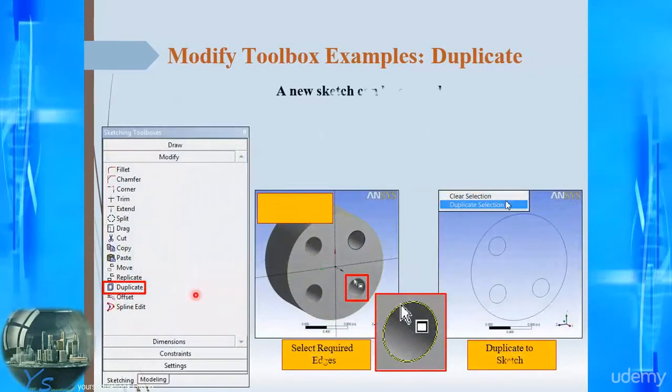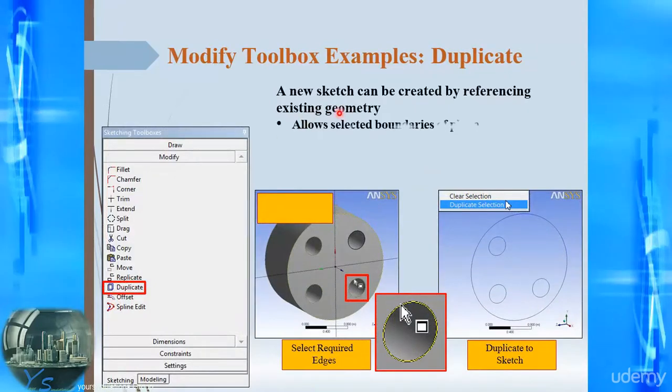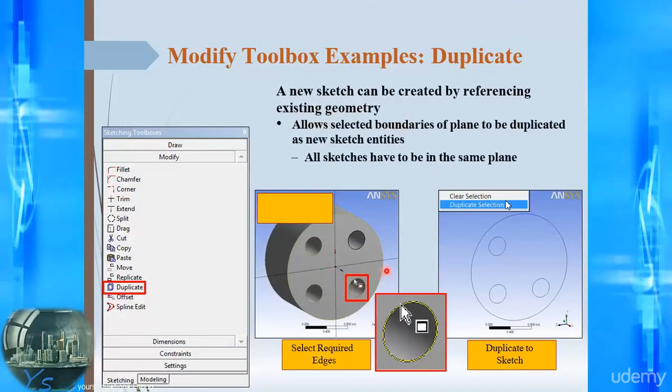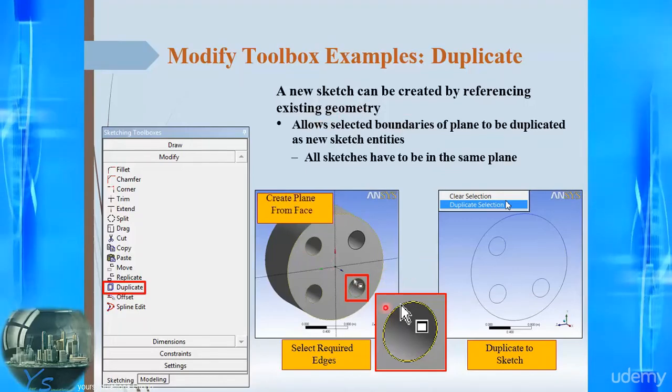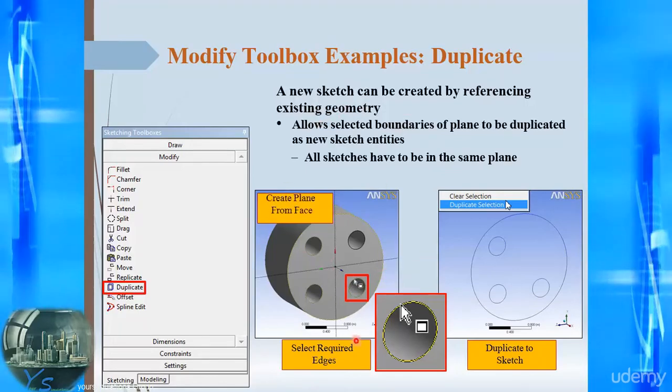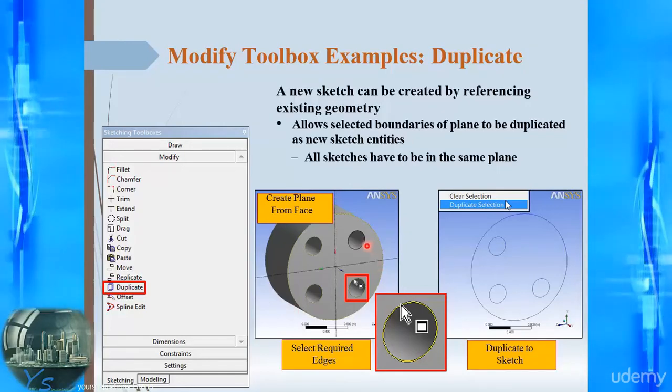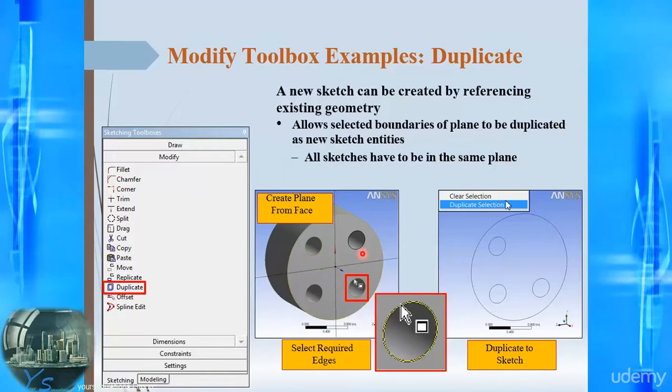Another option moving further down is duplicate. In this case a new sketch can be created by referencing the existing geometry. Here we have an original 3D solid body, and we can select the face in order to create the plane.